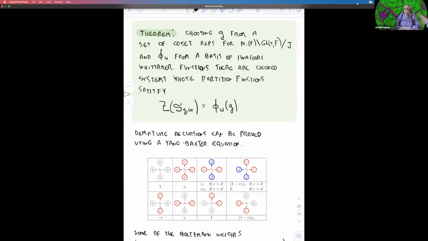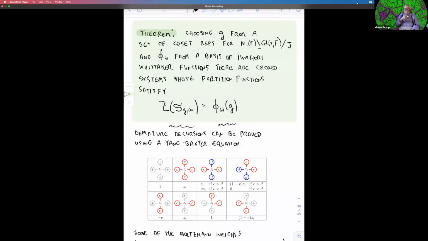So if you want to know all Whittaker functions, you can choose g from this set, and then there's a lattice model whose partition function is equal to this value. And you prove this by using the Yang-Baxter equation to prove Demazure recursions, and then you use methods of representation theory, intertwining operators, and so forth, in order to prove the Demazure recursions for the Whittaker function.